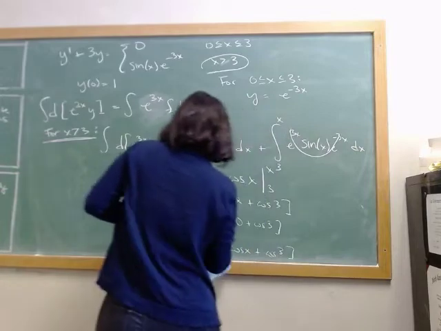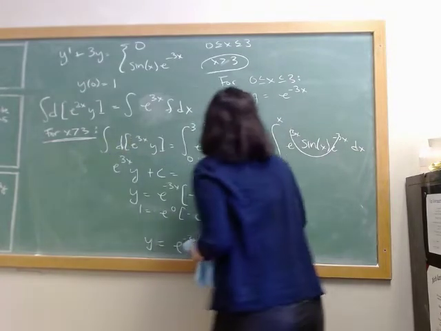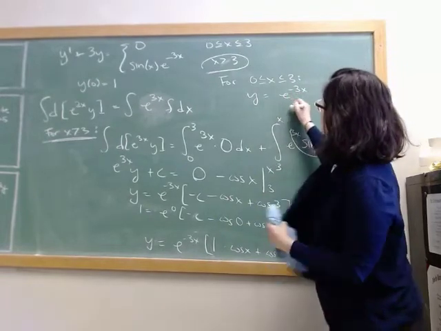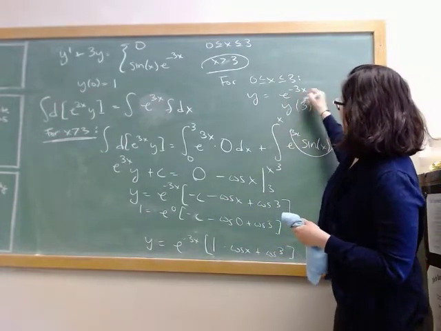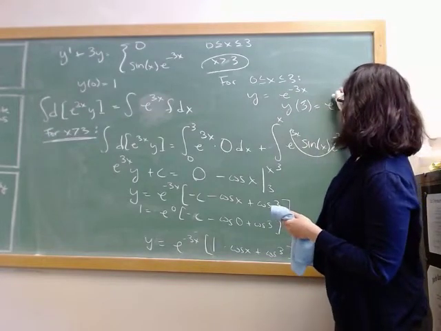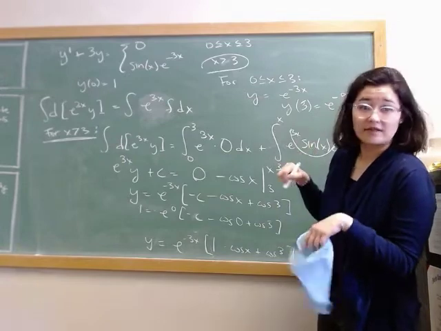So instead, what I'm going to need is I say, okay, this other one ended at y of 3 gave me e to the minus 9 when everything changed.